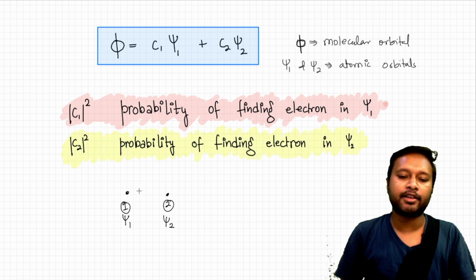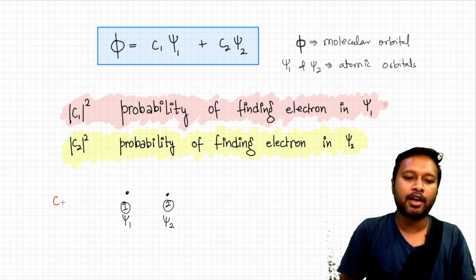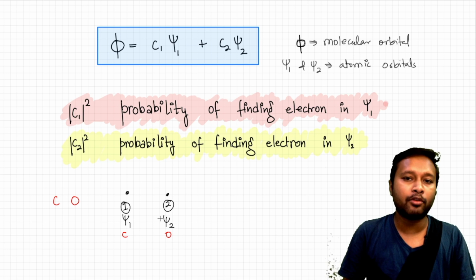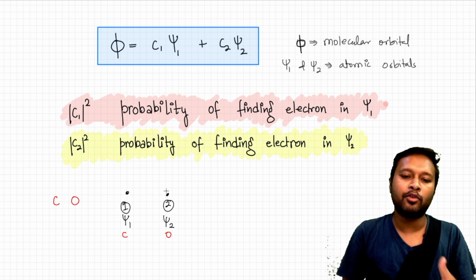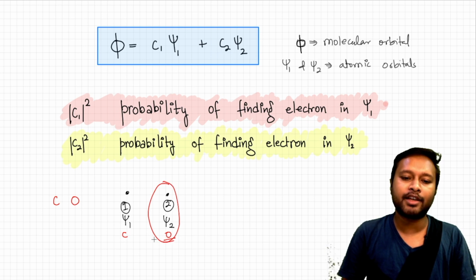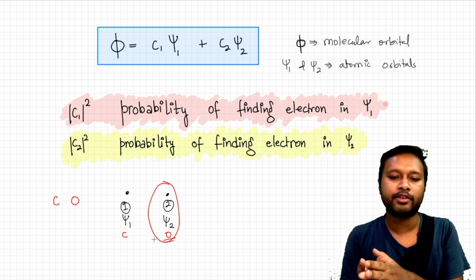Yeah, there are different factors. So let's say that we have a carbon monoxide molecule, CO. In that case, your atom number 1 becomes carbon, and atom number 2 becomes oxygen. If they are going to form a covalent bond, the electron will be more towards the oxygen atom, because of the higher electronegativity of the oxygen atom.